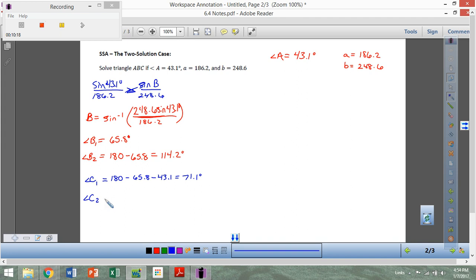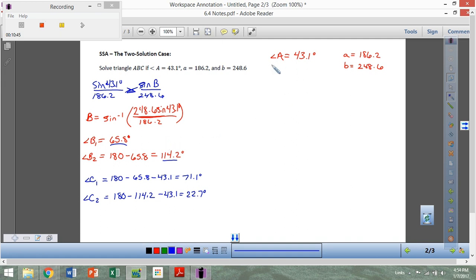And also, if angle B is 114.2, then angle C would be 180 minus 114.2 minus 43.1, and that would give me an angle measure of 22.7 degrees. And since both of these are positive angles between 0 and 180, that means that both of these were options for angle B.